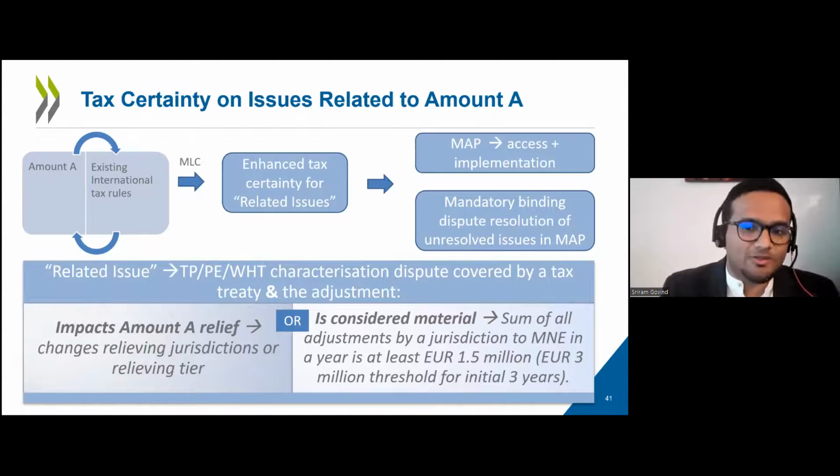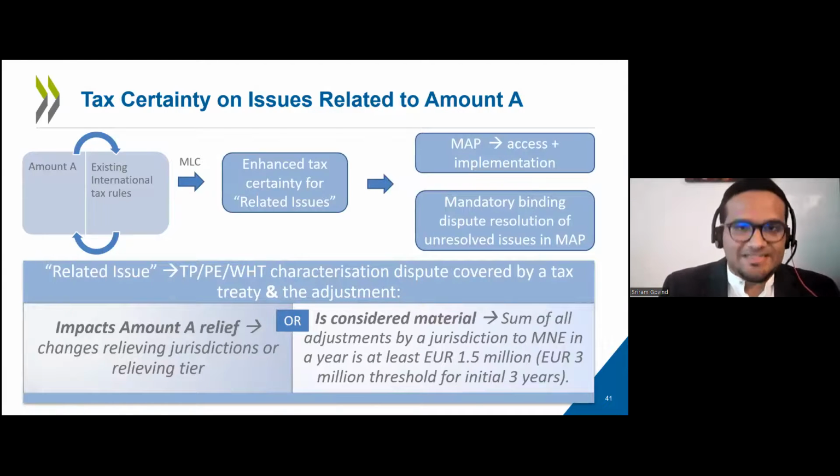So it's not just that the case should fall under these treaty provisions, but the cases also need to have an impact on Amount A based on whether one of two tests is met by the adjustment concerned by the dispute. So first, we would check whether the adjustment would change the relieving jurisdictions or the relief tier of any jurisdiction under the elimination rules. I think Chris went through that in detail.